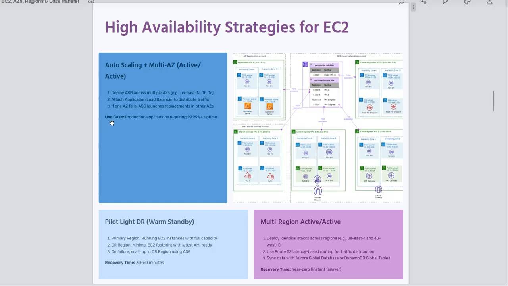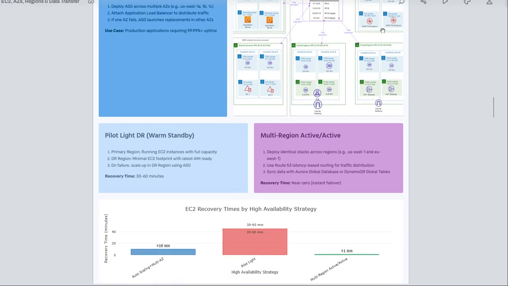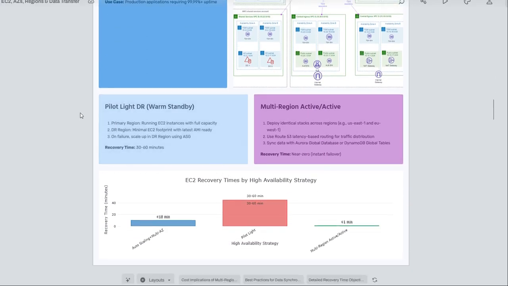The use case is a production application requiring 99.99 uptime. So that is how you get high availability for EC2 instances, right?